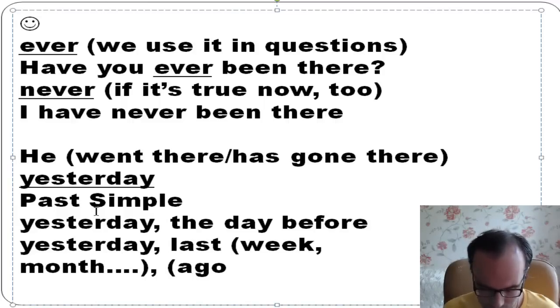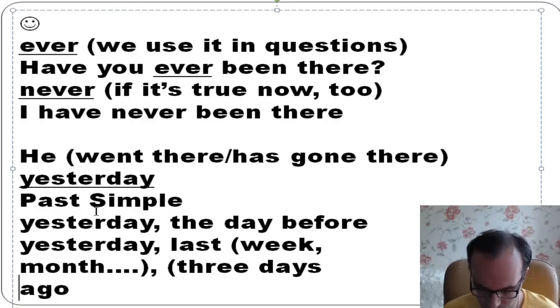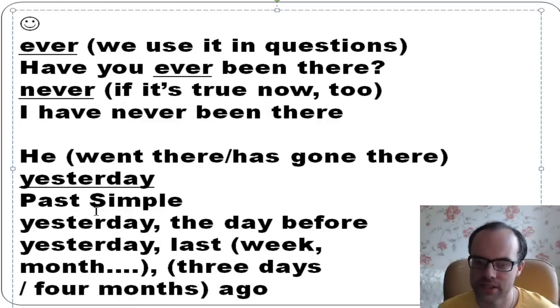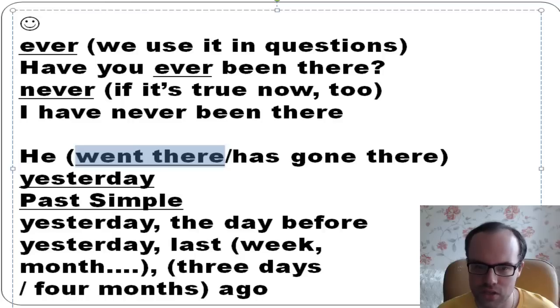For example, 3 days ago, 4 months ago, and so on. They tell us that we need to use past simple. So the right answer is he went there, because yesterday is a word of past simple.